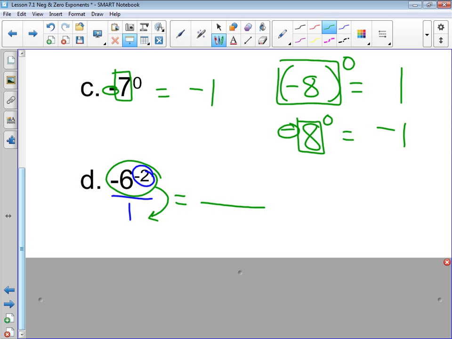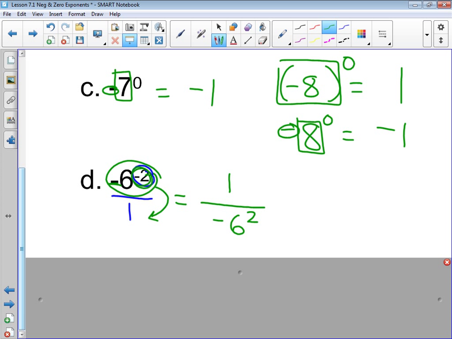And when I do that, negative 6 to the negative second power becomes negative 6 to the positive second power. Notice the only thing that changes is the sign on the exponent, not the sign of the number. And if I move that number from the top to the bottom, what's left on top is 1. This bottom number is negative 6 to the second power.